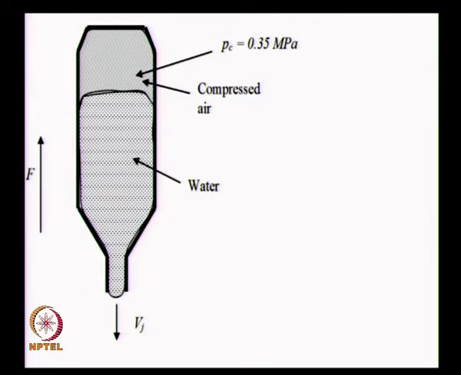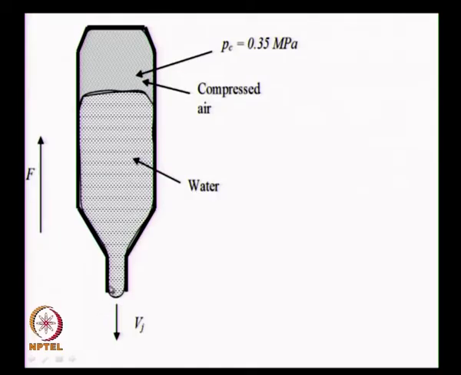See, you have a bottle which contains water, you have high pressure gases above it. I push the liquid water out through this using compressed air. The compressed air pressure is told to be something like 0.35 MPa, that is 3.5 atmospheres.